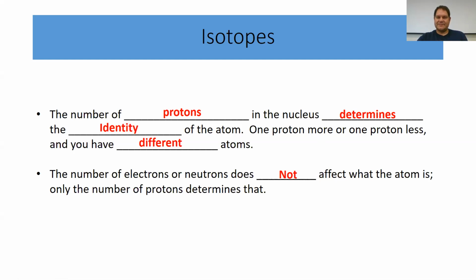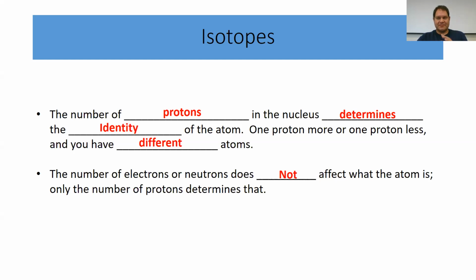All right, so think about the identity of any atom based on the number of protons it has in the nucleus. By the way, as a note, if I change the electron number or the neutron number, it does not interfere with the identity of the atom. Protons are the only particle that determines the identity of an atom or an element.